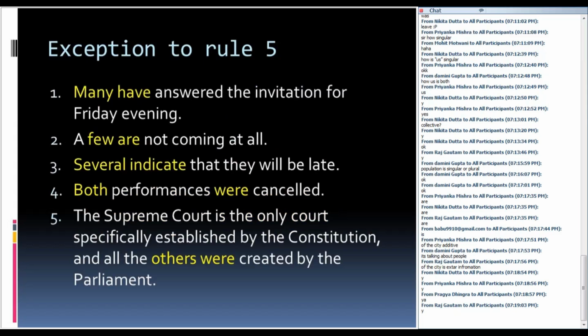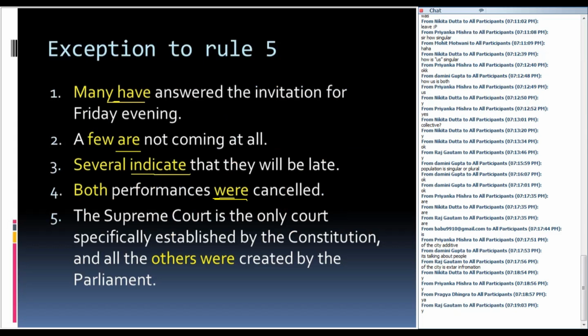So you can see many have answered the invitation for Friday evening. A few are not coming at all. Several indicate that they will be late. Both performances were cancelled.